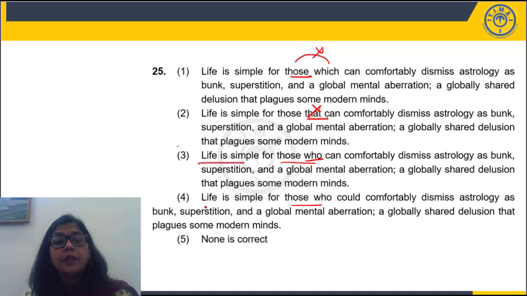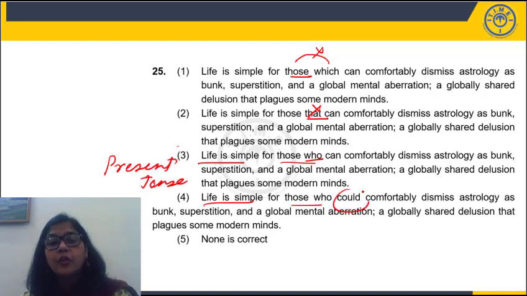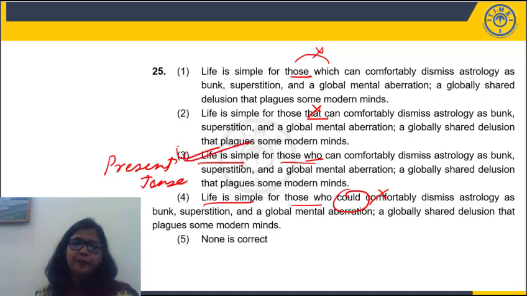Life is simple. So here we are talking about which tense? Present tense. Right? Therefore, the could is wrong. There's a tense mismatch over here. This modal doesn't match. Who can dismiss, who can comfortably dismiss, right? So third option is your answer here.